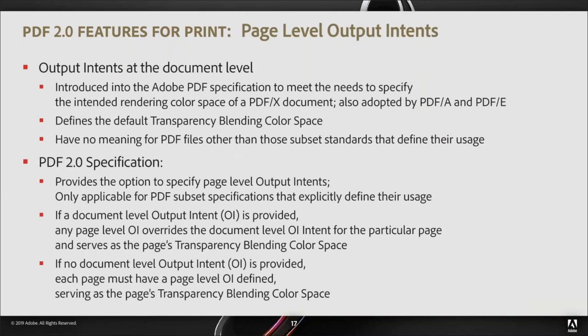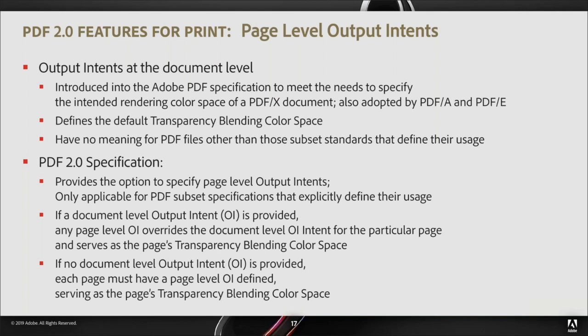Okay, something else new added in PDF 2.0, page level output intents. Okay, well, what's an output intent? Well, introduced into the Adobe PDF specification to meet the needs of PDF/X, earlier versions of PDF/X, and also adopted by PDF/A and PDF/E, this defines the default transparency blending color space, as well as what the CMYK or otherwise color space is you're converting non-device CMYK colors to.